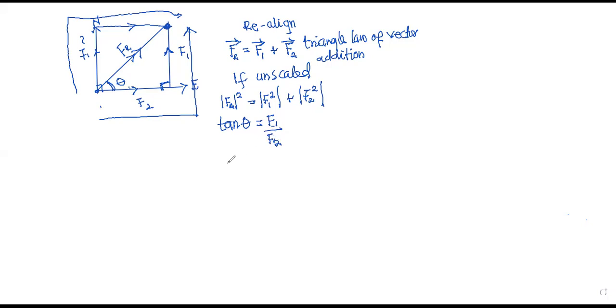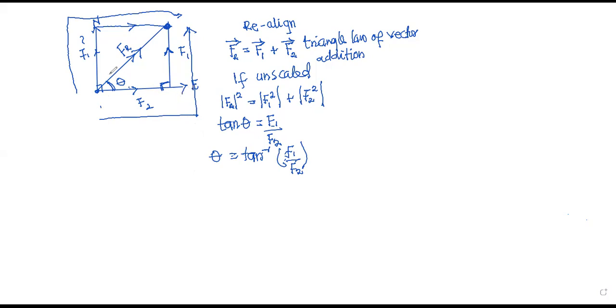So when we find the tan inverse of this ratio, F1 over F2, we can find the direction of the resultant with the east or x-axis.